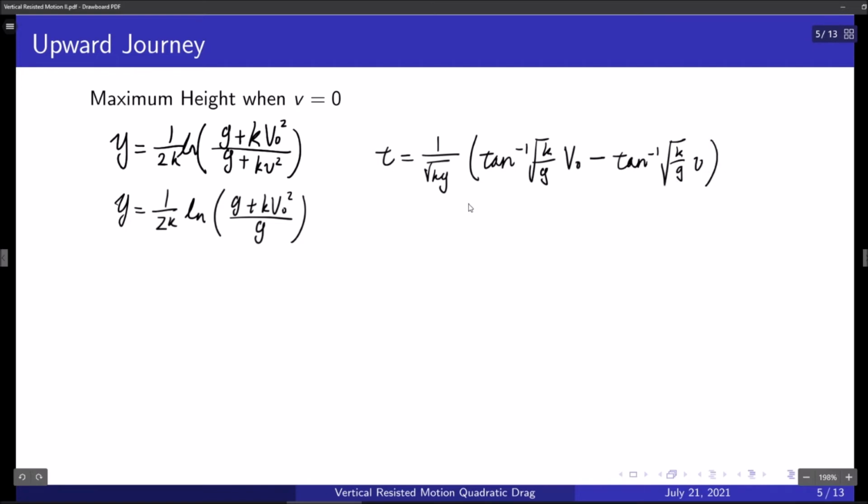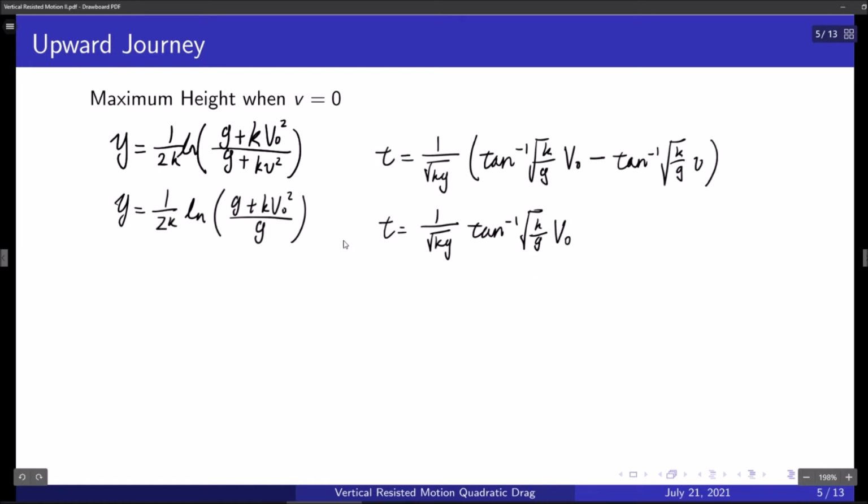So we substitute 0 into here, and then we just end up with t equals 1 over square root of kg tan inverse, so tan 0 equals 0, so this part goes away, and we have square root of k over g v naught.